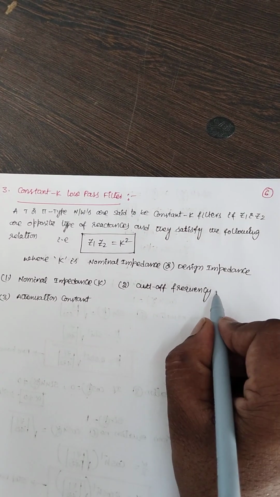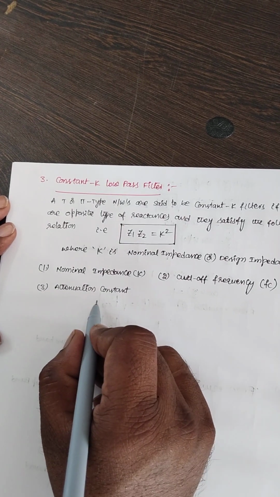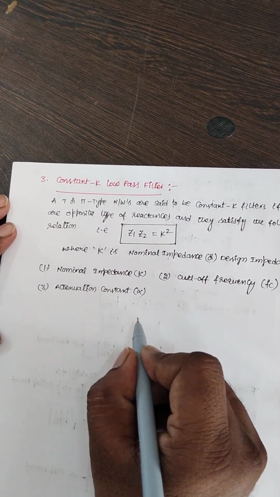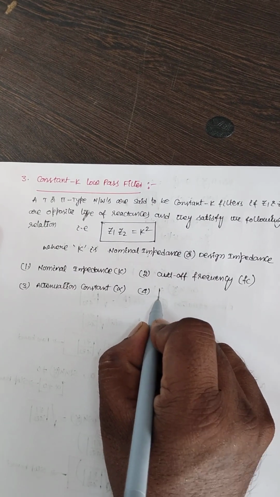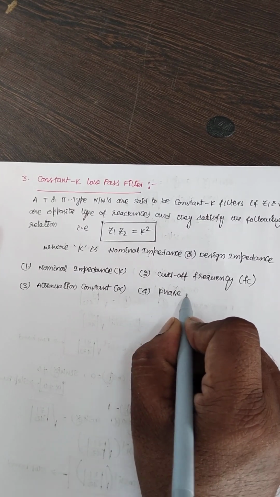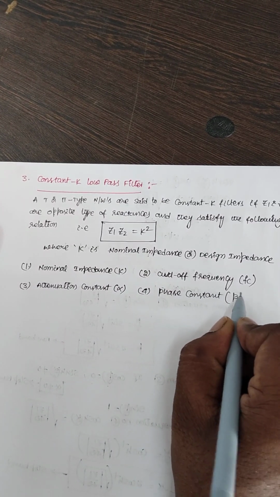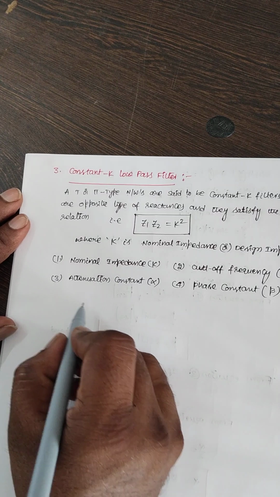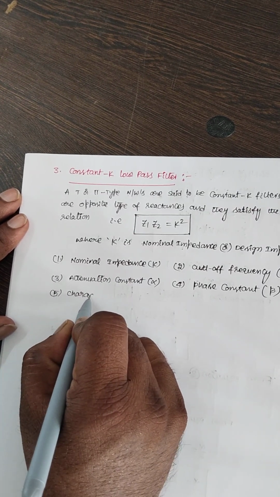Cutoff frequency is normally represented with Fc, as I already explained. Attenuation constant is represented with alpha. Fourth one is phase constant beta. And fifth one is characteristic impedance.